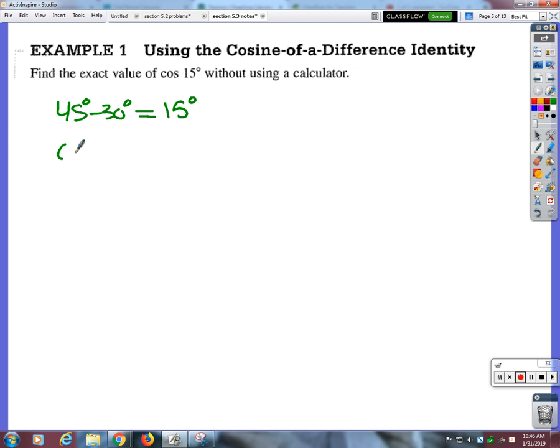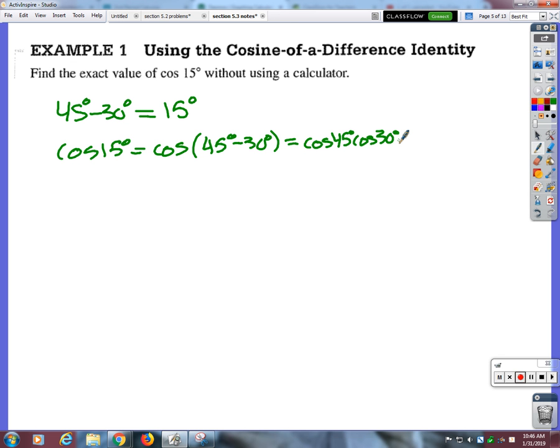So what I'm going to do is change the cosine of 15 degrees into the cosine of 45 degrees minus 30 degrees, and then use that formula on the previous slide to figure out what that is. Okay? So the cosine of 45 minus 30 degrees is the cosine of the first one times the cosine of the second one.